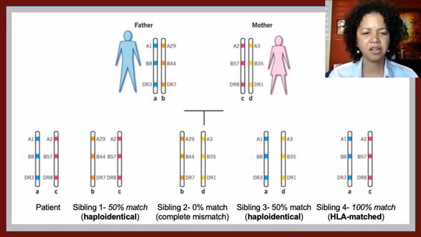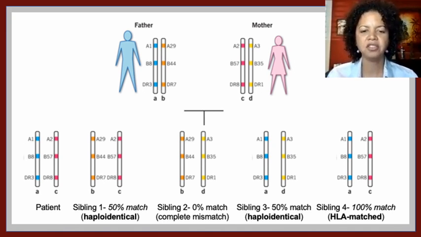So you can see that first sibling got the orange proteins from the father and the pink proteins from the mother. And when you compare sibling 1 to the patient, the pink proteins match, but the orange and the blue proteins don't match. So this sibling would be considered a 50% match, a half match, or a haploidentical match.